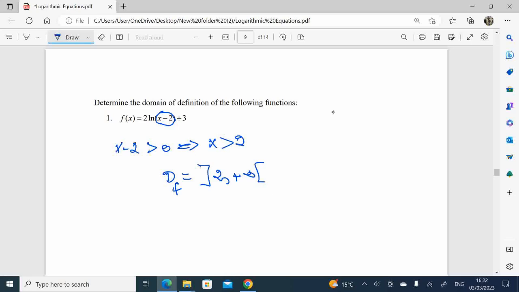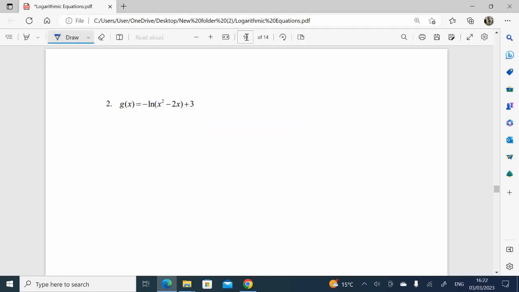Now for the second function, we have g of x equals minus ln(x squared minus 2x) plus 3. Again, what we have inside ln here is x squared minus 2x. So the condition will be x squared minus 2x should be strictly greater than 0.